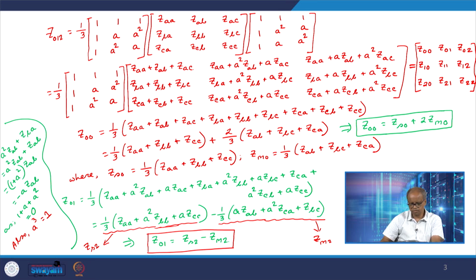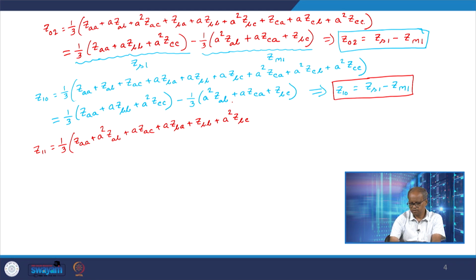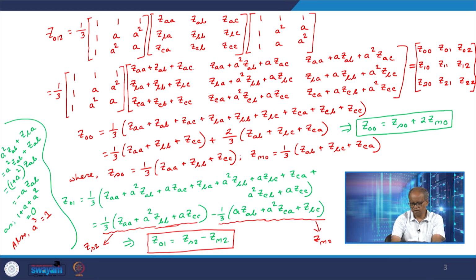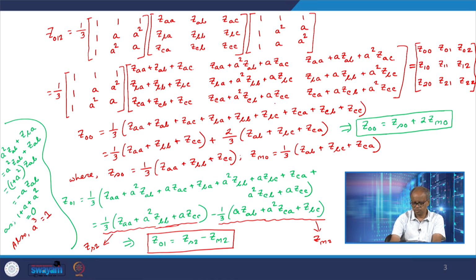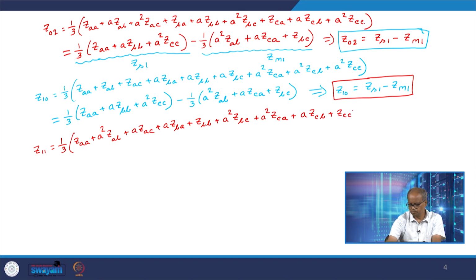So that also we are using, and then plus A square ZCA, plus A square A to the power 4 means A, so AZCB, plus A square into A is A cube, so ZCC, right.